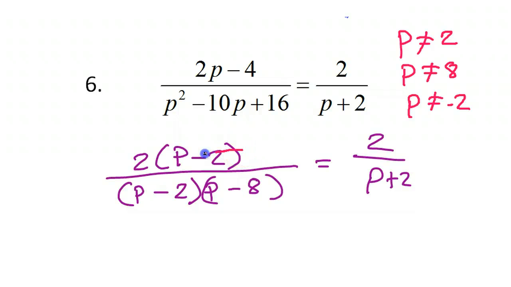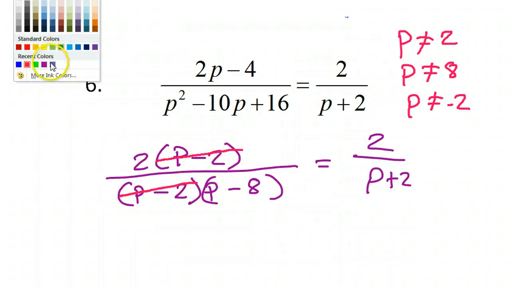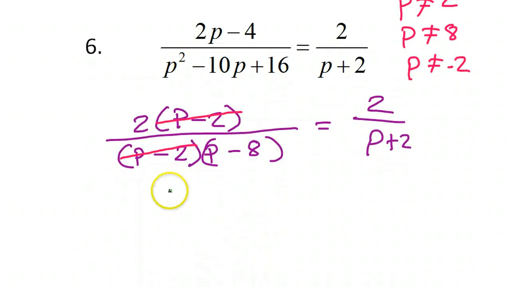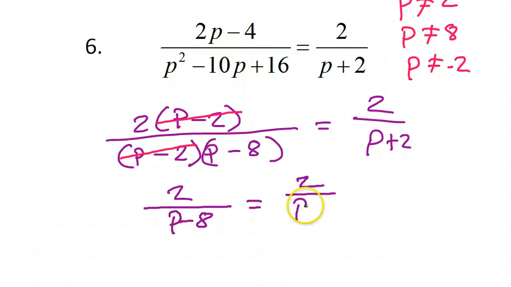Now, notice that I have a factor of p minus 2 in the numerator and denominator. So before I cross multiply, I'm definitely going to cancel those out. So that's going to leave me with 2 over p minus 8 is equal to 2 over p plus 2.